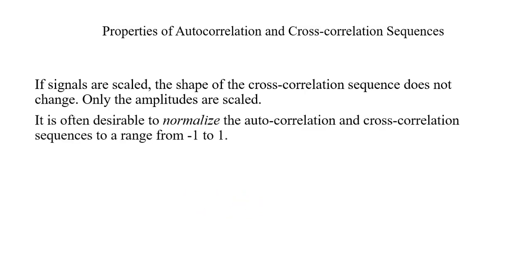So it is often desirable to normalize the autocorrelation and cross correlation sequences to range from -1 to 1. It is 1 if they are indeed identical with zero shifting, and also -1 with zero shifting if they are antipodal signals, or they have a phase shift of 180 degrees.